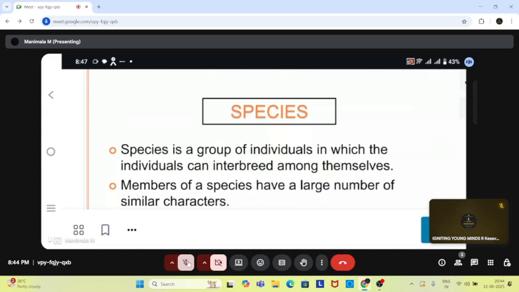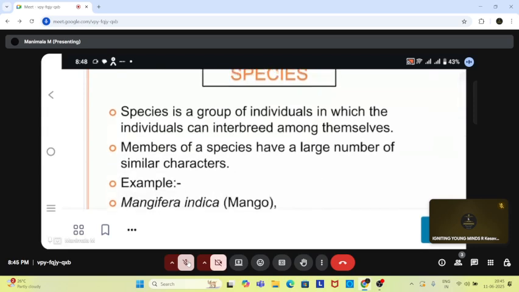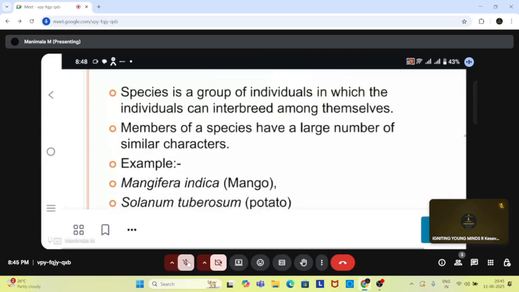Based on the species only, we can go on to the genus, then family, order, class, and phylum. Everything can be formed based on the species. The key unit in taxonomy is the species. A species is a group of individuals that can interbreed among themselves. The members of a species have a large number of similar characters.